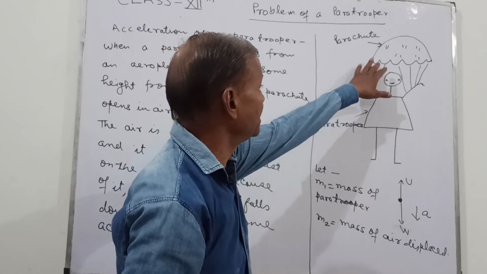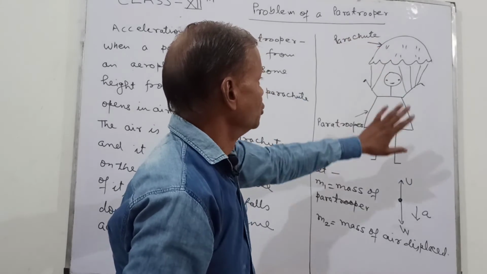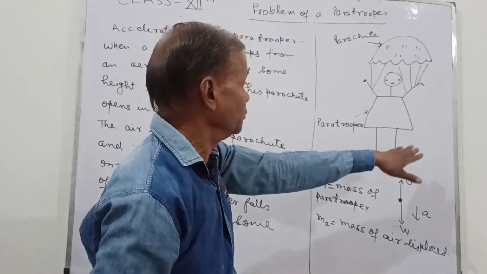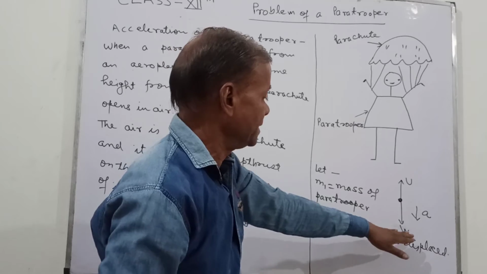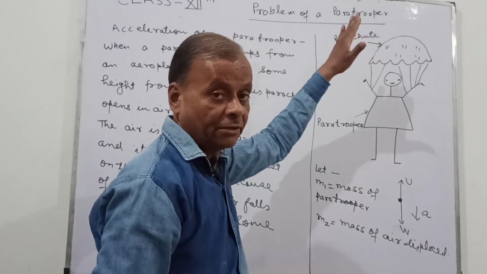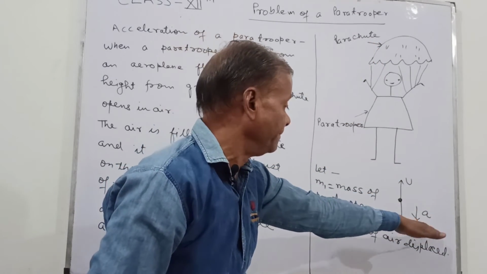This air is filled in the parachute, so a thrust acts on the paratrooper. Because of that, it is falling down with some acceleration a.